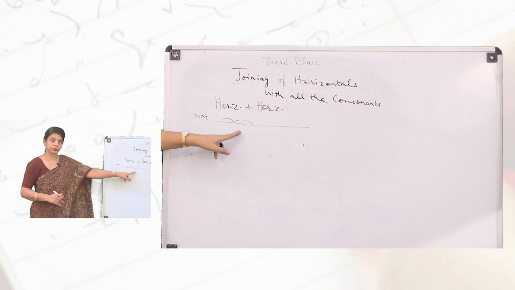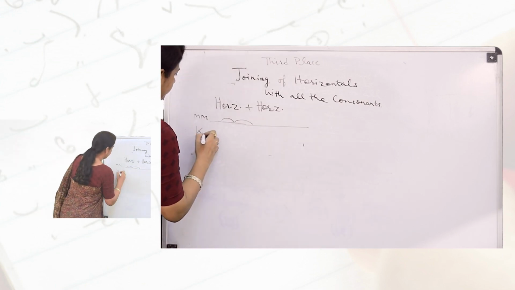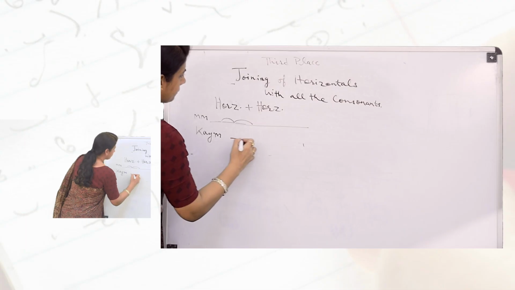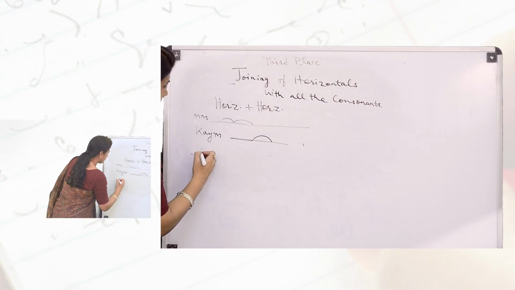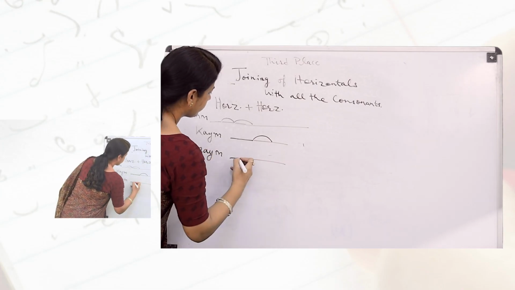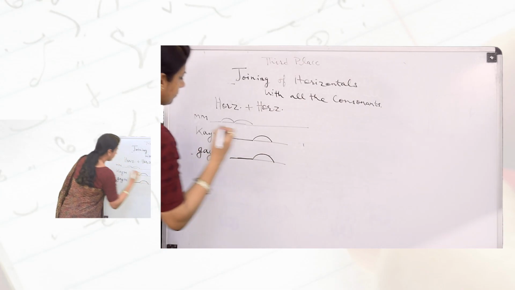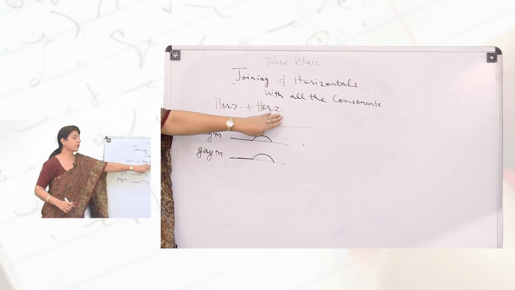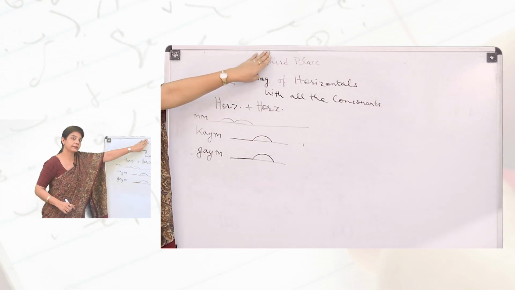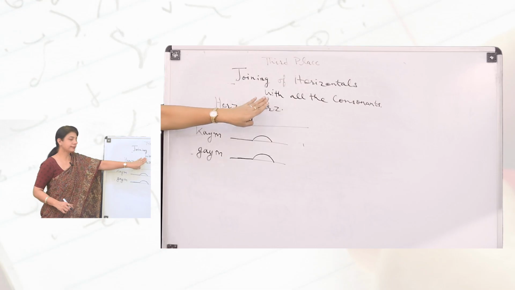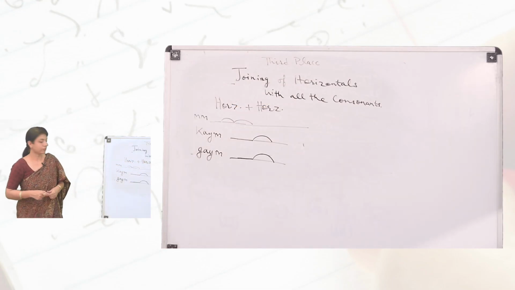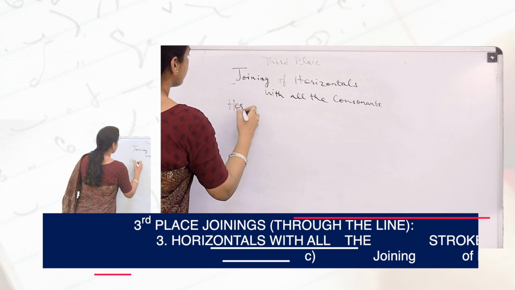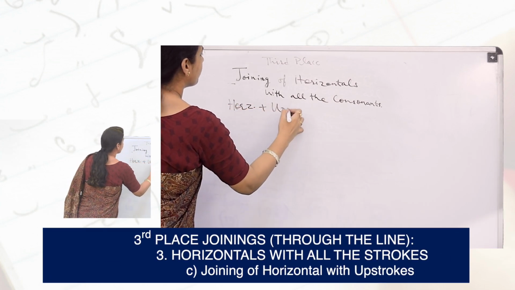So this is an exception. So this is horizontal plus horizontal. In case of third place, it is going to be exactly same as the joining of horizontal plus horizontal under second place. Last is horizontal plus upward.